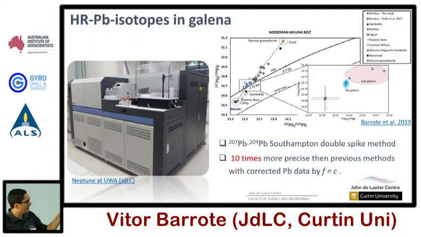And in the graph here to the right, you can see that compared to previous data that used the more traditional sample bracketing, we get like 10 times more precise determinations.